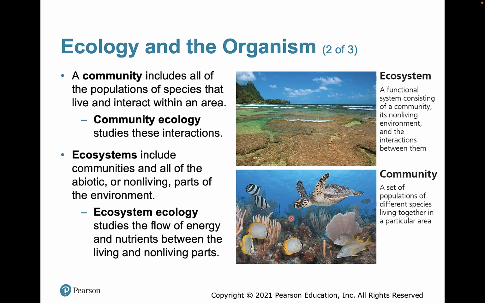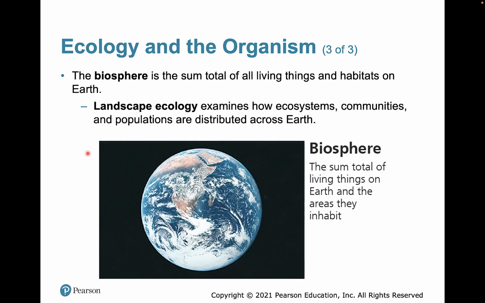So you put all of the living and the non-living parts together and you get the ecosystem. And you can be an ecosystem ecologist and look at energy and nutrients flowing between them. And then if you take all of the ecosystems and put them together, you get the biosphere. It is all of the living things and habitats on the planet. Pretty cool.